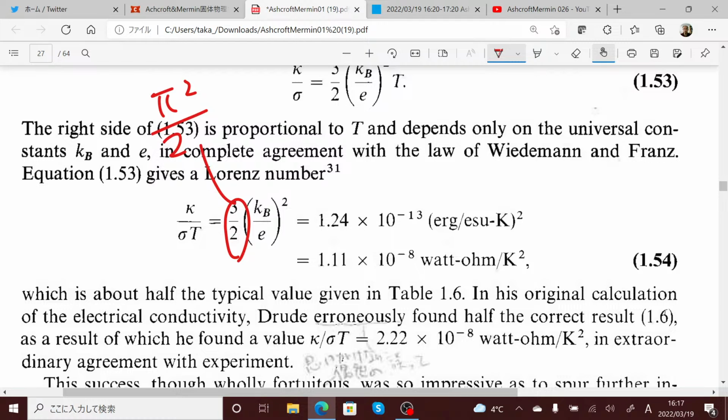In his original calculation of the electrical conductivity, Drude erroneously found half the correct result, 1.6, as a result of which he found the value kappa over sigma T equal to 2.22 times 10 to the minus 8 watt-ohm per Kelvin squared, in extraordinary agreement with experiment.